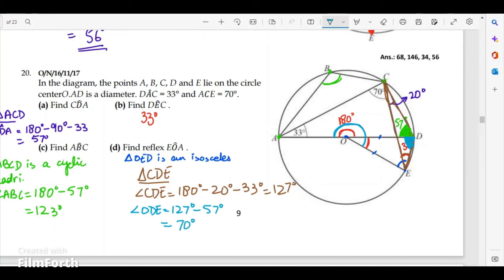And this, by the way, angle ODE is equal to angle OED. I mean this angle right here. They are both equal. Why? Because these are the base angles of this isosceles triangle. And hence they are both about 70 degrees.